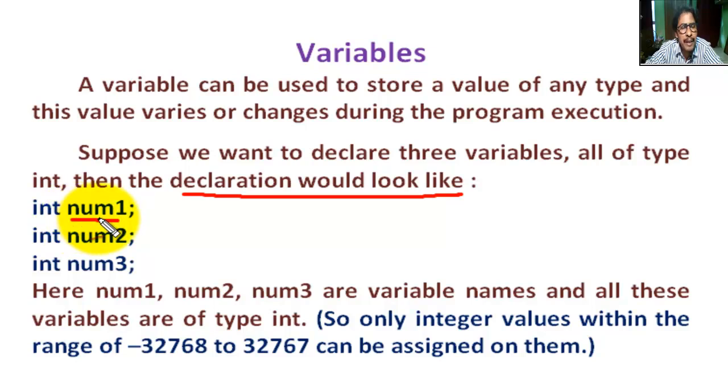This is the variable, it may be A or B or C. Int is the integer type, and num2, this is the variable. Int type and num3, this is the variable.